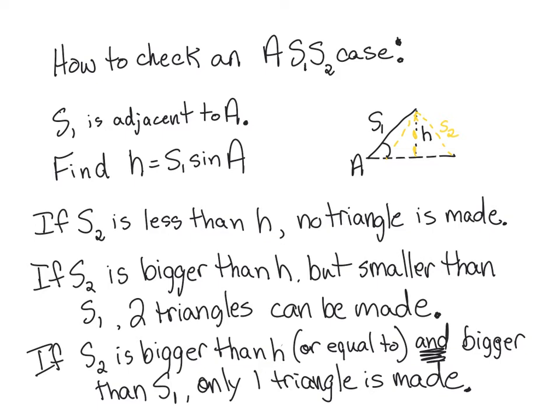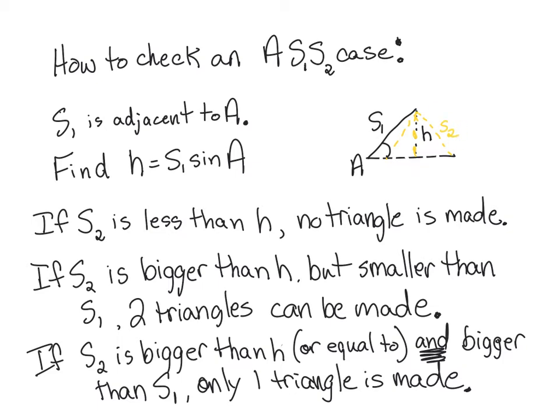All right, so H would be, if it was vertical, that would be the right triangle where side 1 is the hypotenuse. So the height of my triangle will be side 1, the hypotenuse, times the sine, which is opposite over hypotenuse, right? So you can find the height of the triangle.